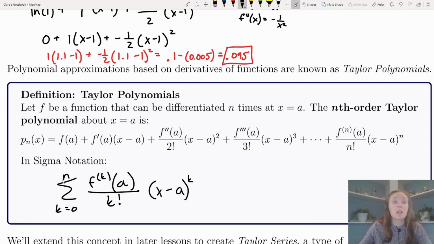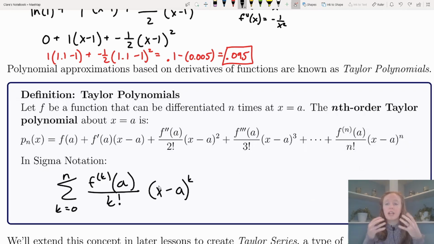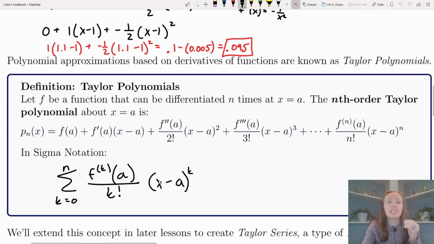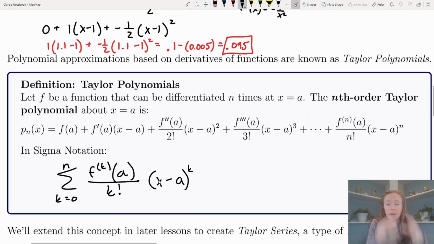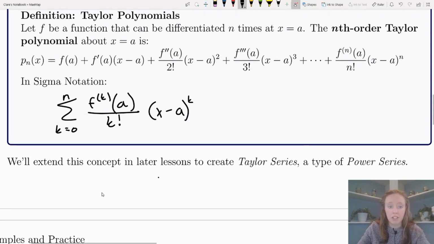So you notice that when we go up to n, we're plugging in n and we'll get this. Now why I introduced power series up above was to show you some sort of resemblance. We're eventually going to extend this concept or expand upon this concept in later lessons to create Taylor series, which is a type of power series.